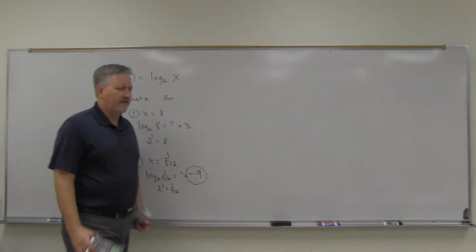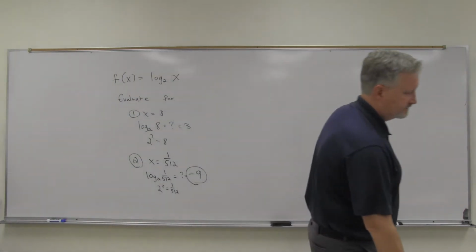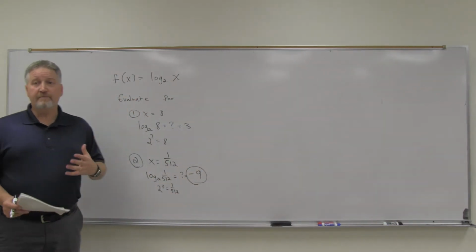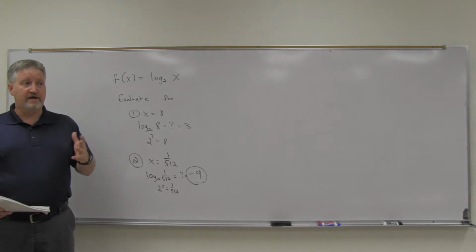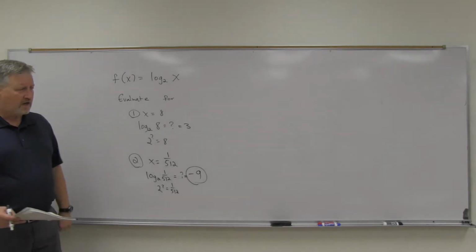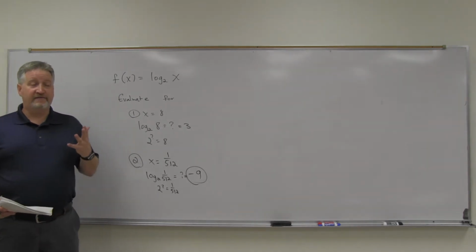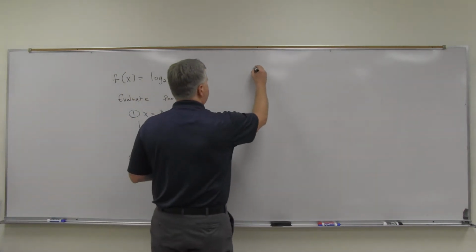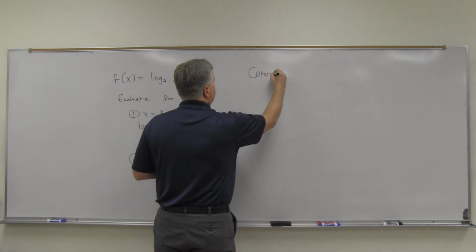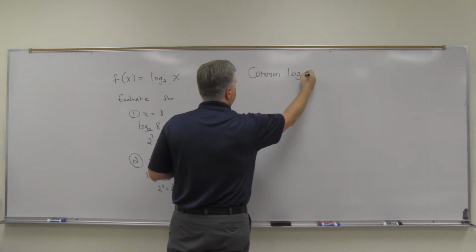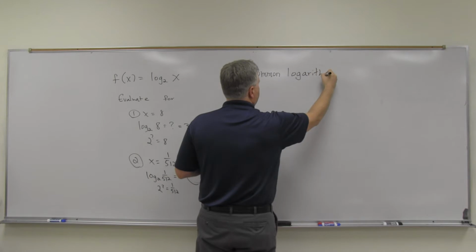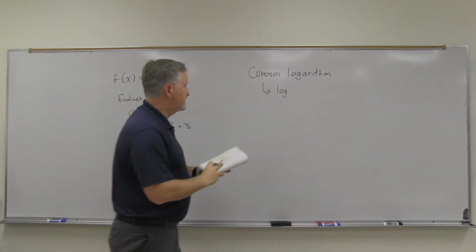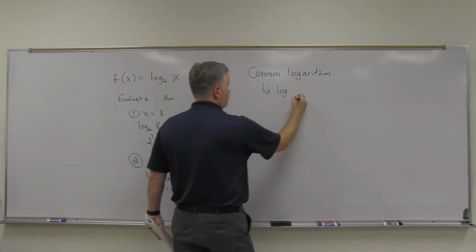All right, so that's just the same problem in a different format. Now, there are a couple of logarithms that are named, and one of them is called the common logarithm. The distinction of the common logarithm is that it's the logarithm base 10.